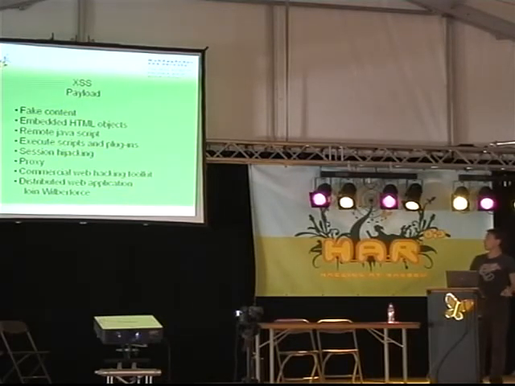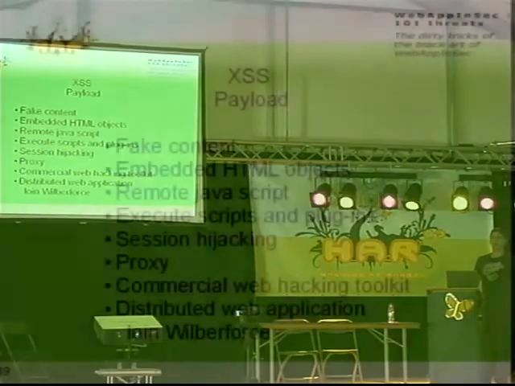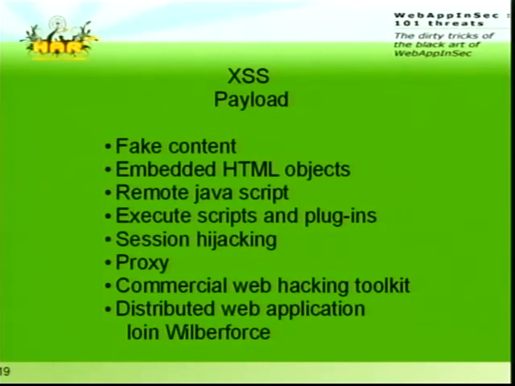And also a good example of how a reflected cross-site scripting leak could be very harmful is that you could inject a Flash object using the reflected cross-site scripting and use that Flash object on a very busy site.